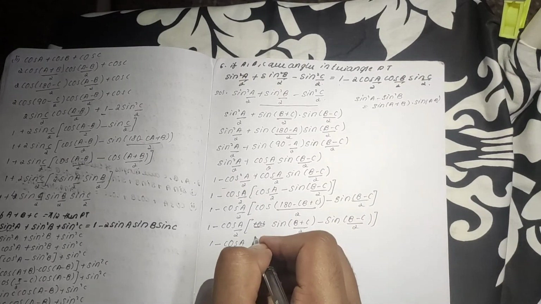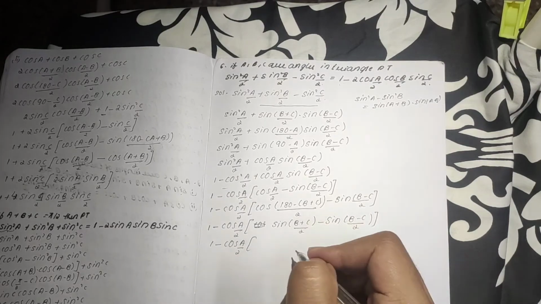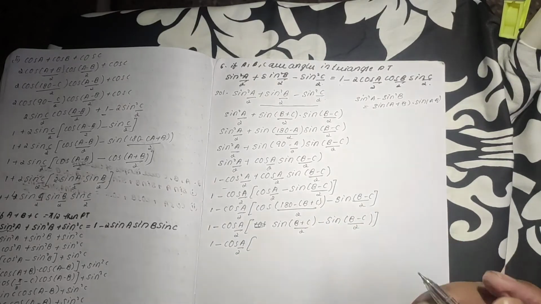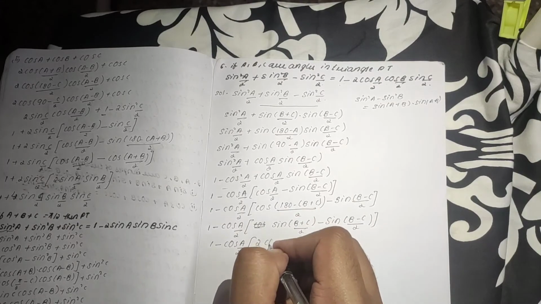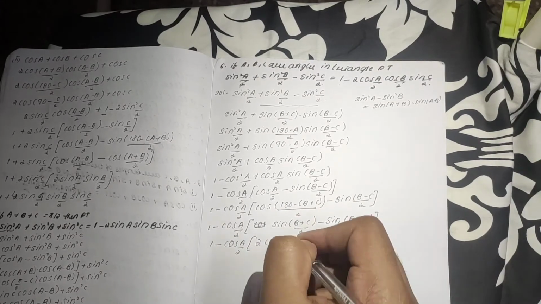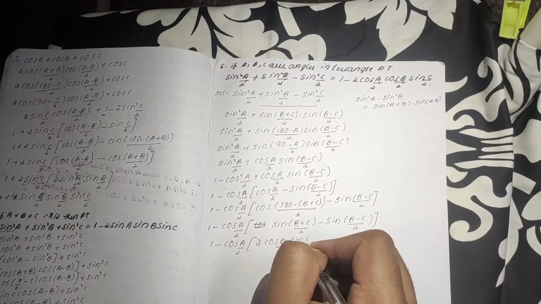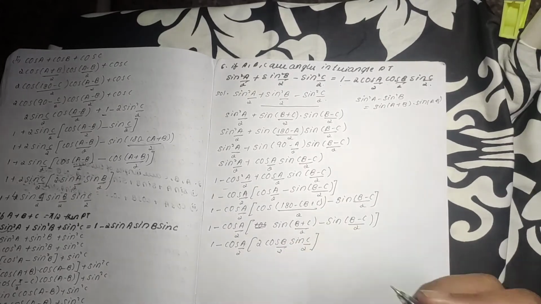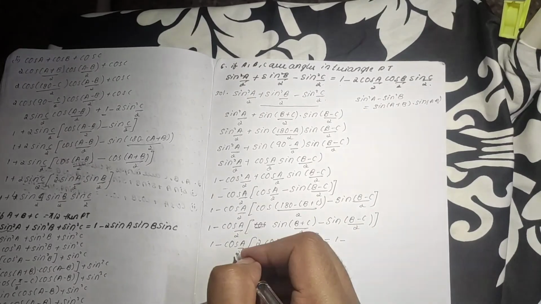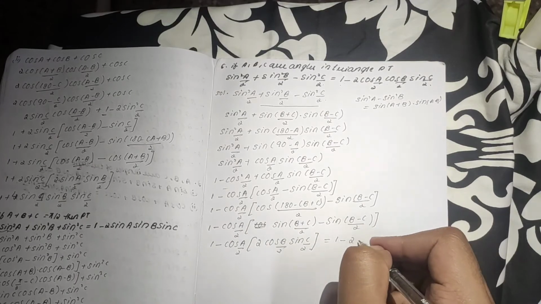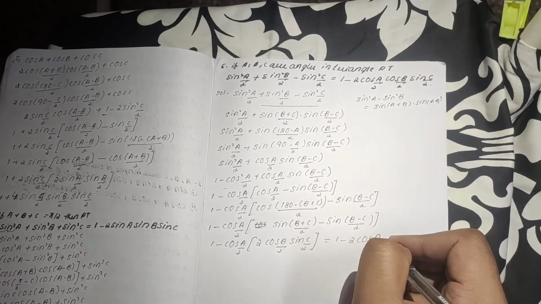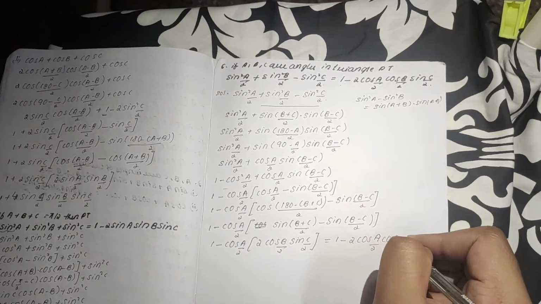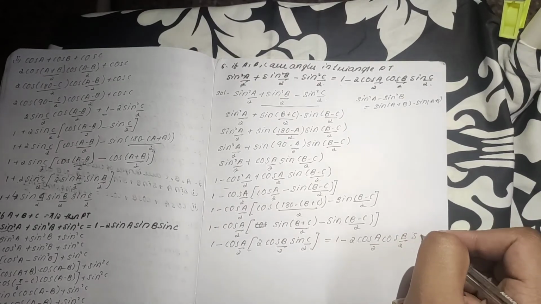So the value of sin of (B plus C) by 2 minus sin of (B minus C) by 2 is 2 cos B by 2 into sin C by 2 from the compound angles formula. So multiplying this inside, 1 minus 2 cos A by 2 into cos B by 2 into sin C by 2.